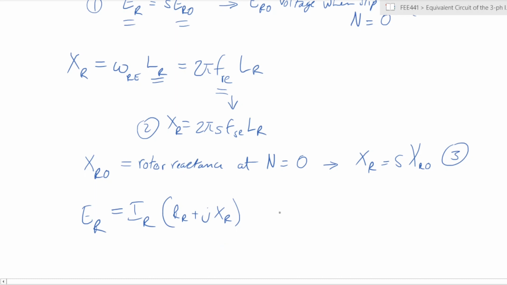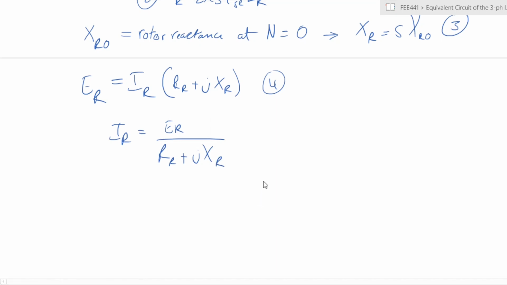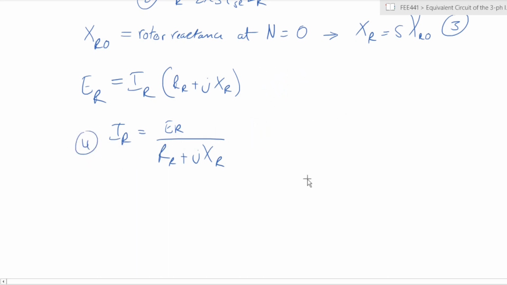So now we have a fourth equation that we can look at. Let's transform this slightly. We have IR is equal to ER over RR plus jXR. Let's use this as our fourth equation.